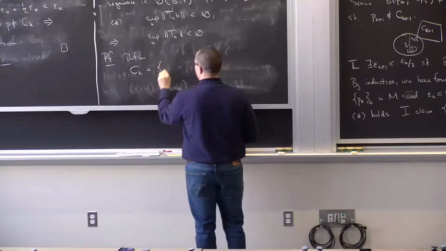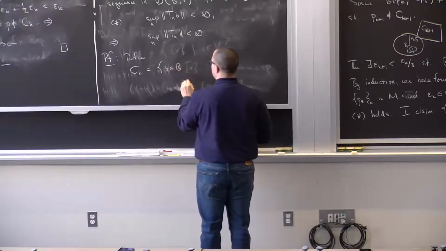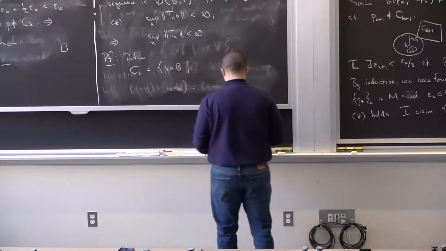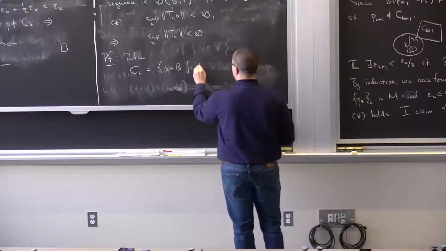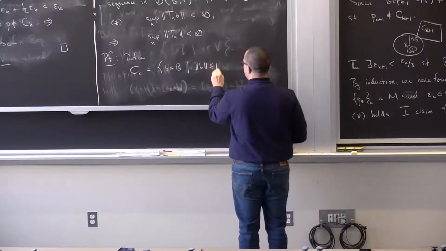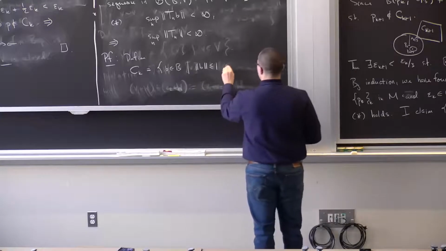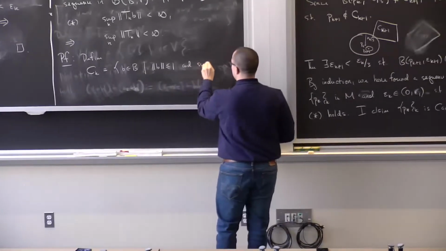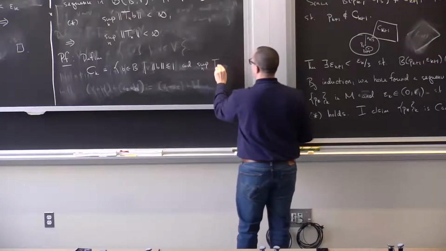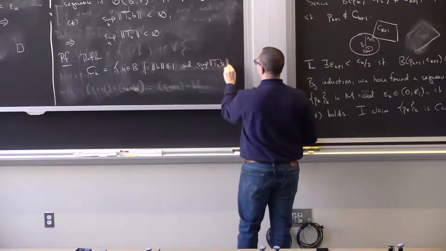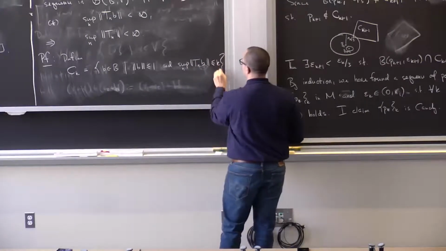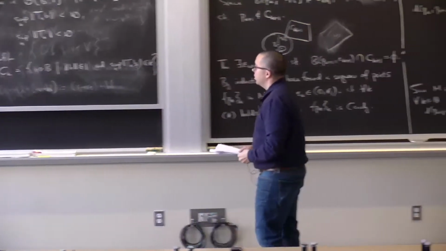This is the set of all elements b in B such that the norm of b is less than or equal to 1, and sup over n of the norm of T n b is less than or equal to k. All right?